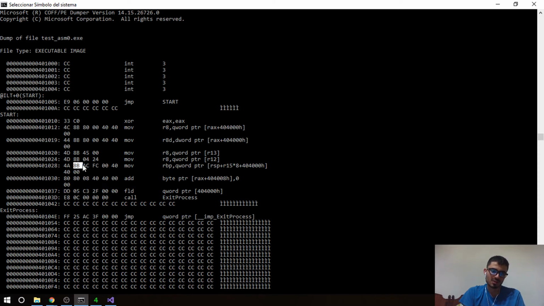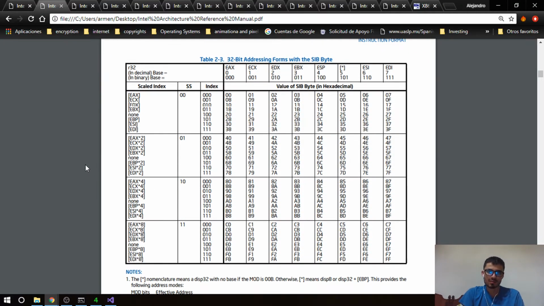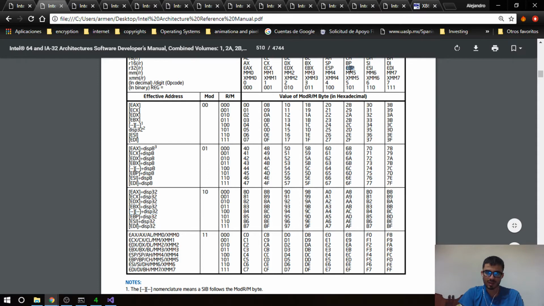We have AB, which is the normal case. We have on the ModRM AC. This is special. We go for the ModRM, and we're going to have this one. Okay. We have a displacement 32, and we have RBP on the reg.